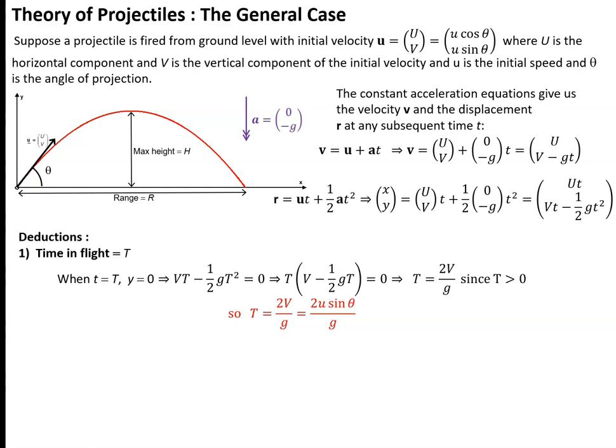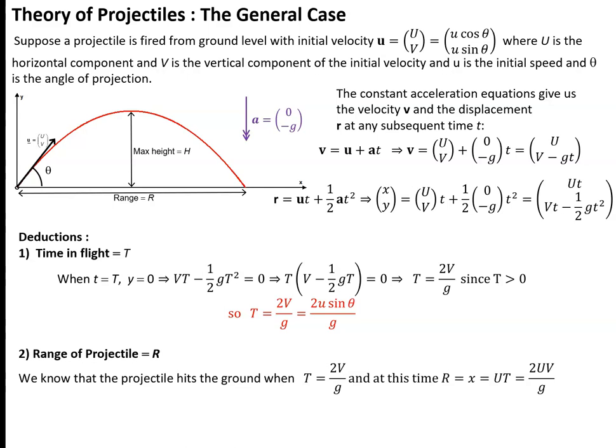If we remember that capital V is the same thing as u sine theta, then we've got capital T is equal to 2u sine theta divided by g. From this, it is nice and easy to deduce the range of the projectile. Because when t is equal to capital T, the x value is going to equal the range of the projectile.